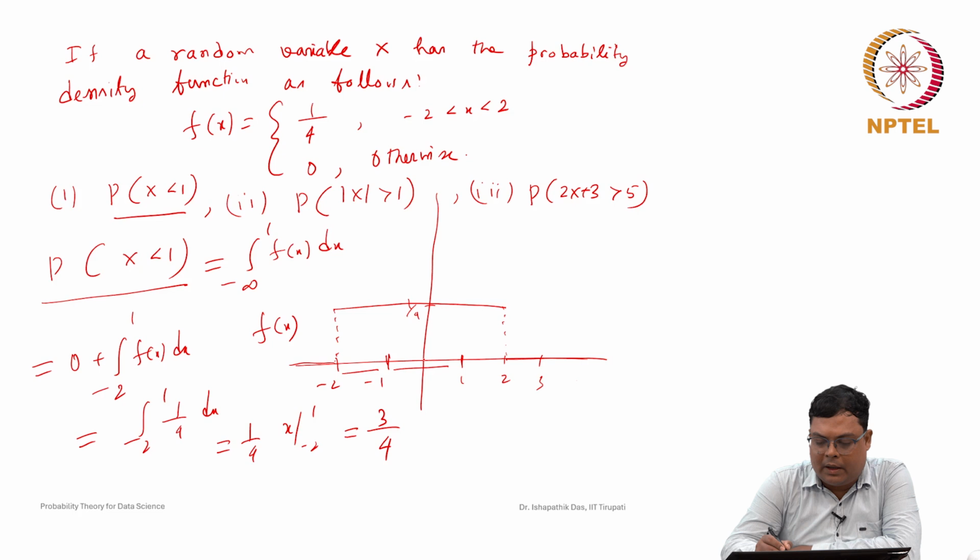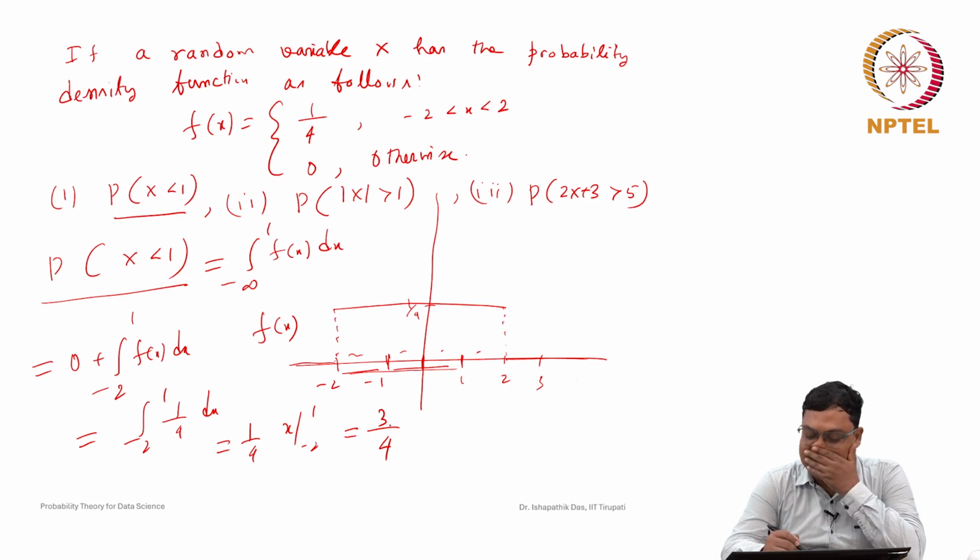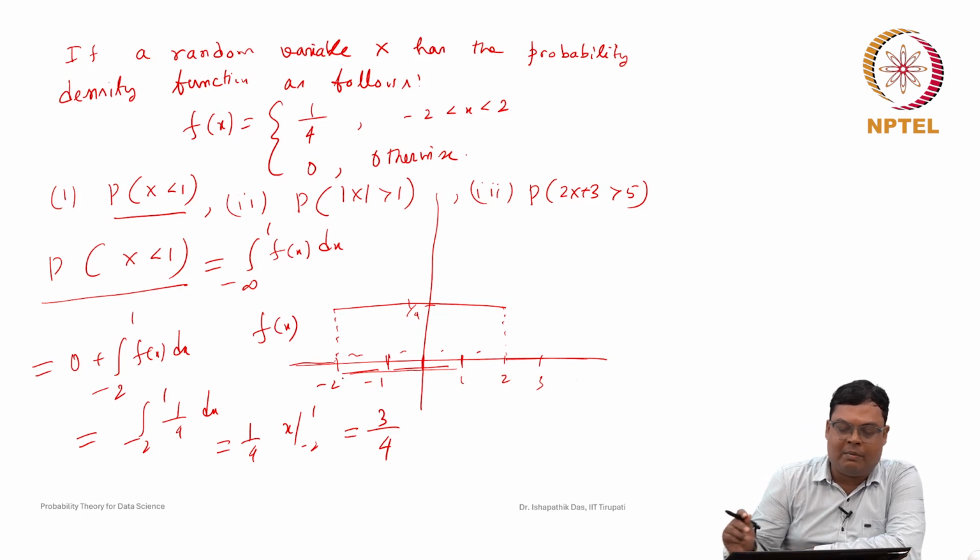Because it is 4 parts, taking 1, 2, 3, 4, up to the third part it is taking, so the probability will be 3 by 4. That comes from the mathematics, and graphically also you can understand it, because it is a uniform distribution.